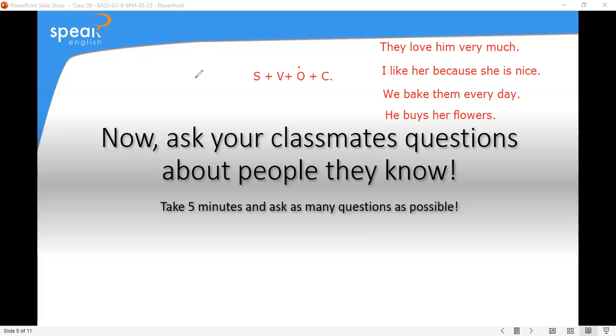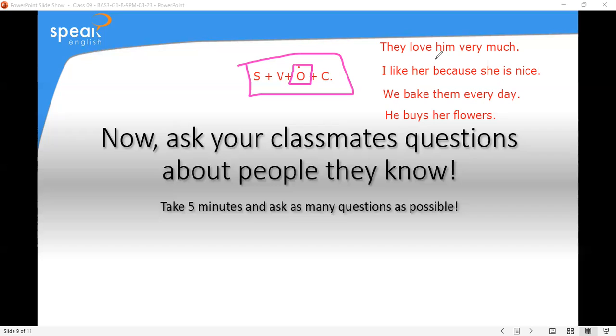Okay, remember that if you have questions about this, it's important that you tell me so I can help you. If you don't ask me questions, I don't know if you got the information or not. But in previous classes, we already checked this information. So if you have questions about the structure or what are the objects, if you don't remember, my suggestion is check the video again so you can review more information about it.